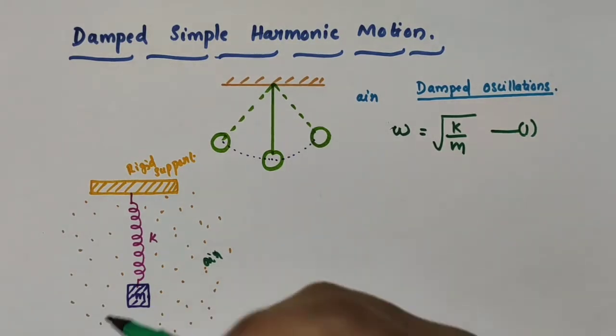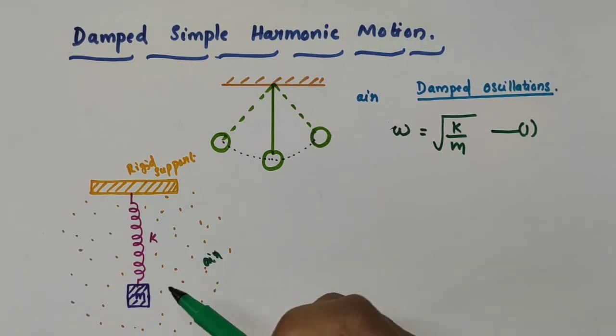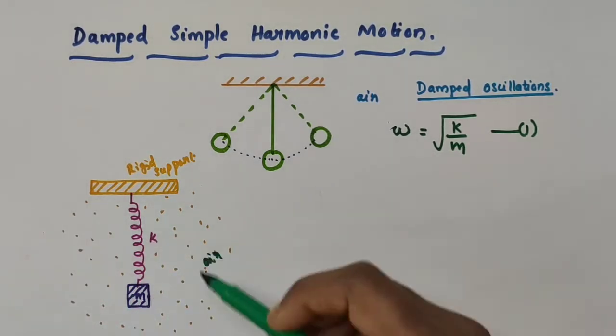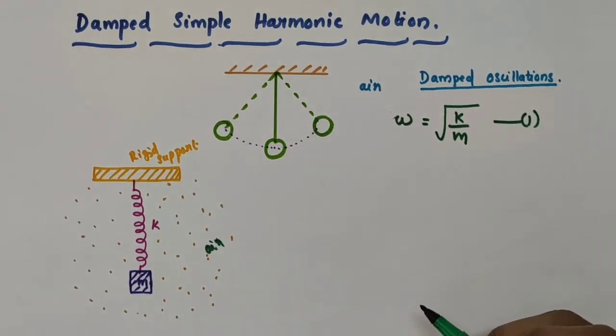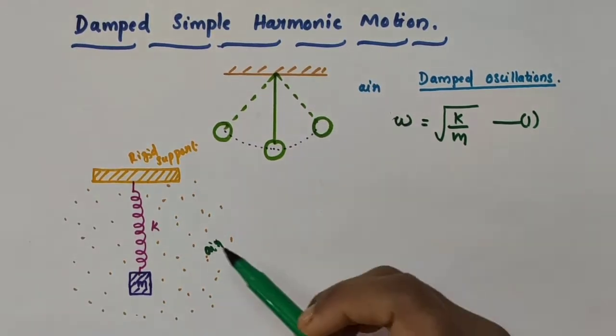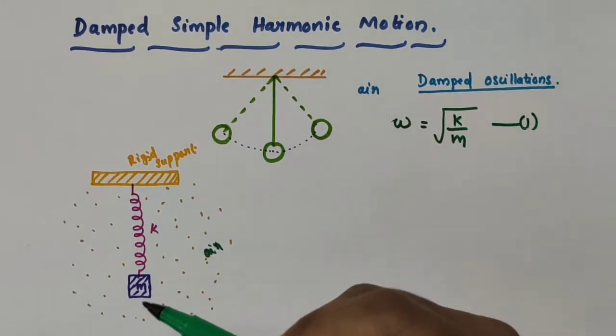That energy loss will appear as heat of the surrounding medium and the block. So, due to the damping force acting on the spring block system, the system eventually comes to rest.